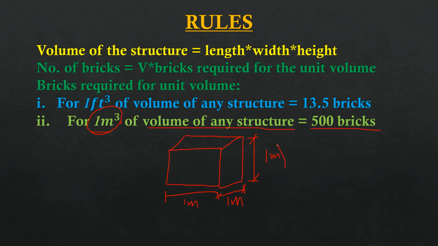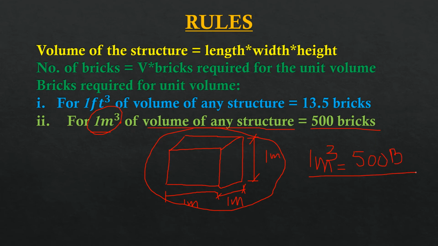If we are going to construct this whole wall with the help of bricks, then we will have a volume of 1 meter cube, and we will need approximately 500 bricks for this wall.